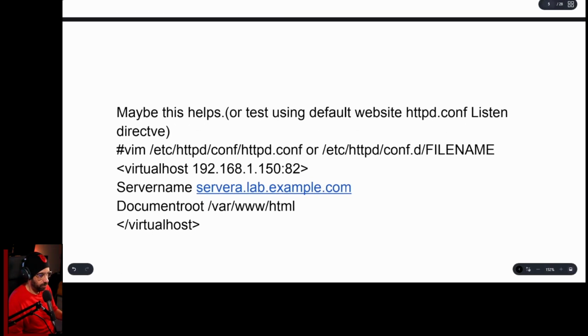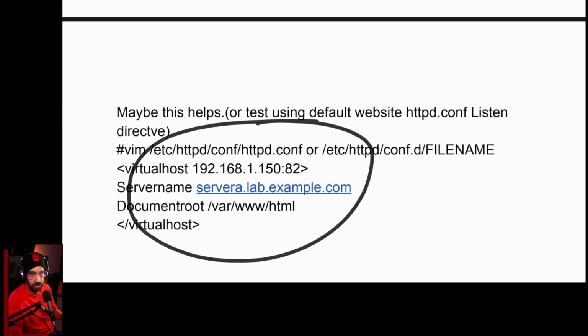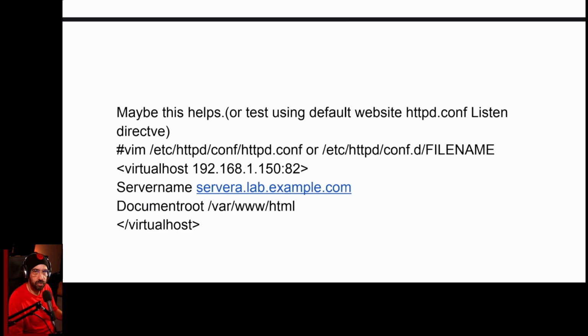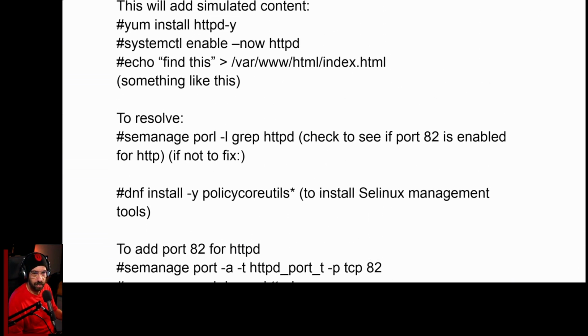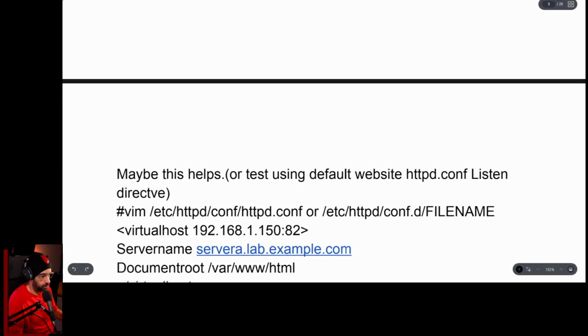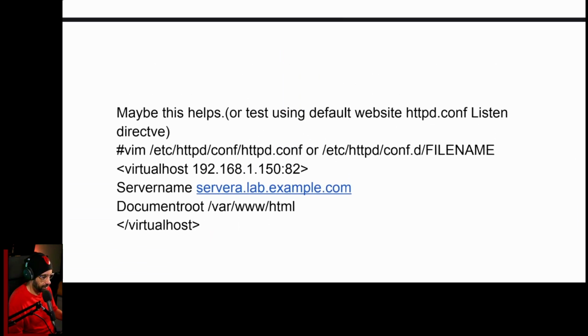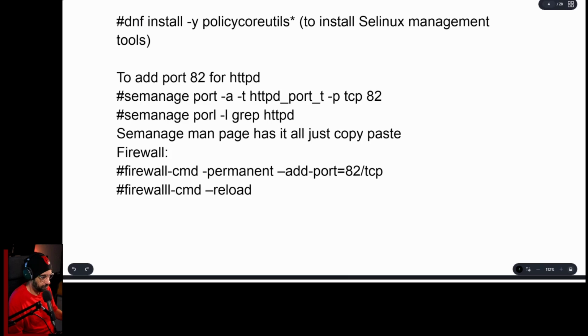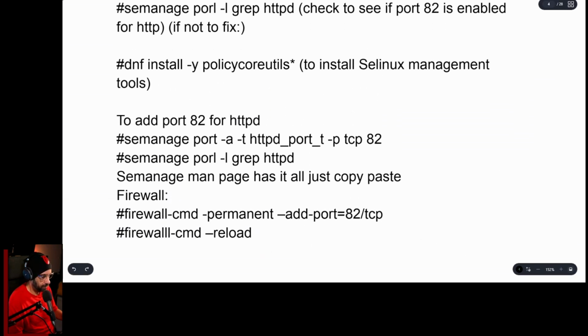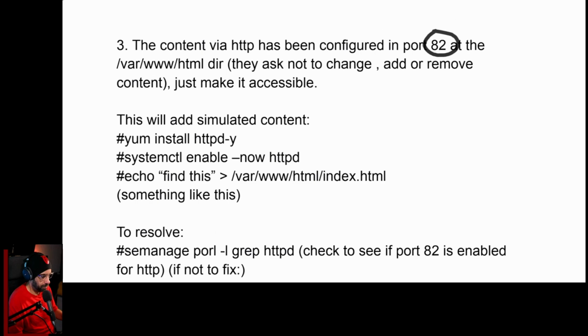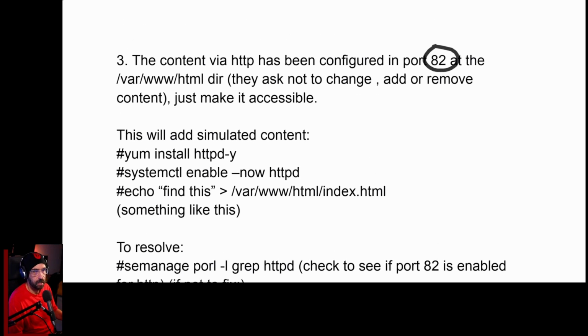You can create a virtual server or just reconfigure the default website, which is a little bit faster. I'm going to change the default website. I need to add that note here, which is fine. You can just change the default website listening. I didn't put it here, but I will add it later.